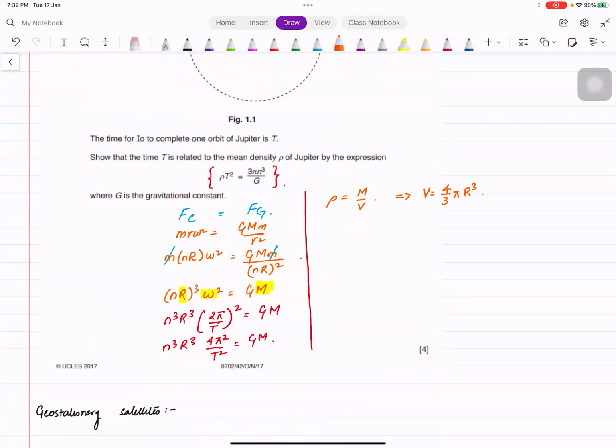Understood? So basically, we're looking at Jupiter, right? So Jupiter's radius is r, and we want to find the density. Can I say that the density can be written as m over 4 by 3 pi r cubed?